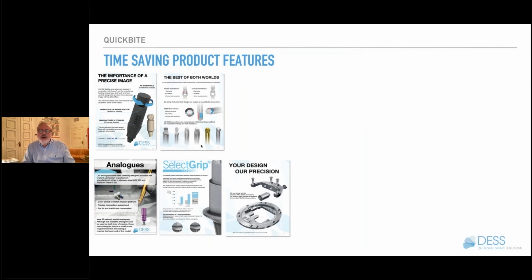Another extremely time-saving feature is, of course, the select grip, which is a sandblasting of the chimney on the tie bases and the orum base, which increases the cement retention about 5 times compared to a regular machined surface.